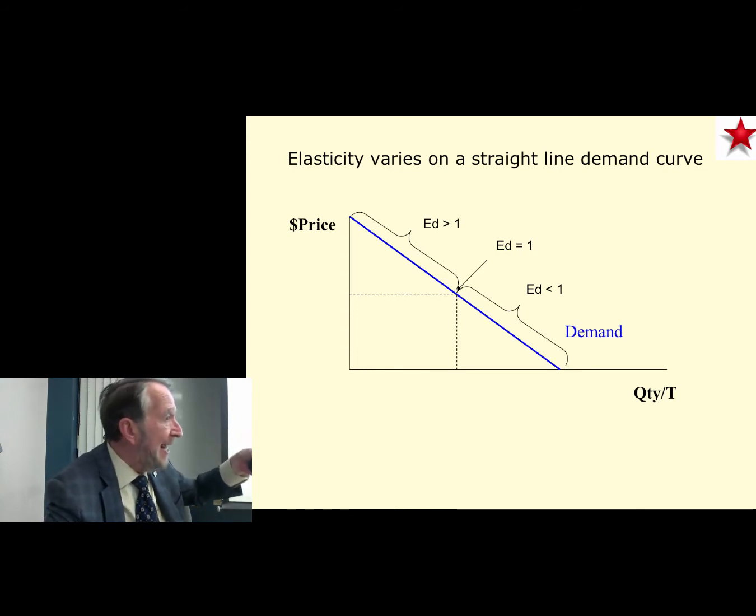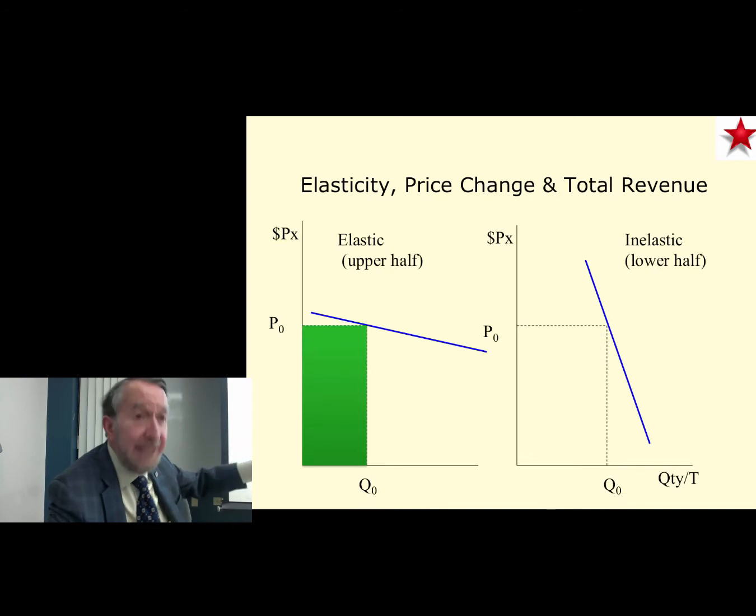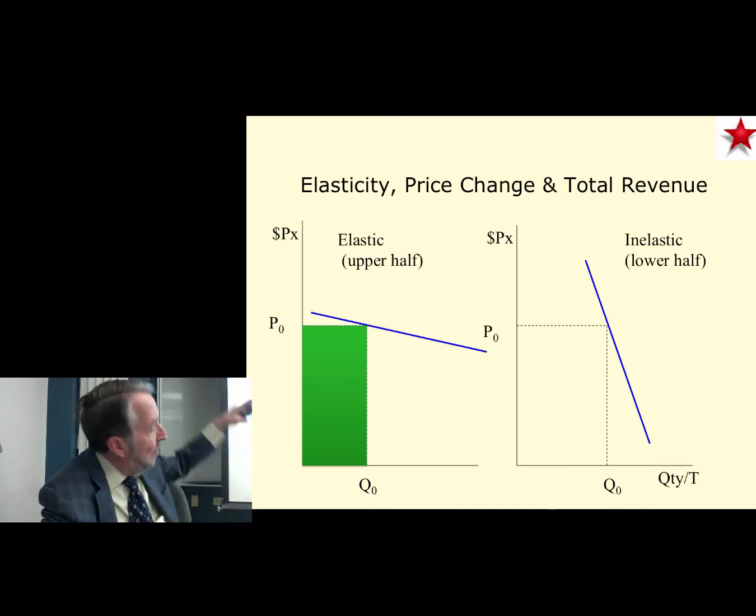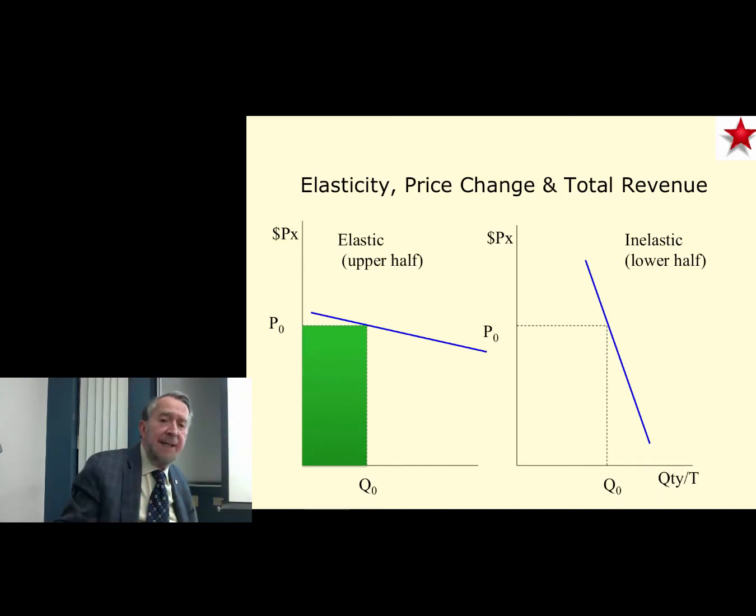Lower my price to 8, 3 8s are 24. 4 7s are 28. 5 6s are 30. But in the lower range, where demand's inelastic, if I charge $1, I sell 10, so total revenue is 10. If I charge $2, I sell 9, so I'm getting 18. Everybody see it? So inelastic, you want to raise price. Elastic, you want to lower price to maximize total revenue.